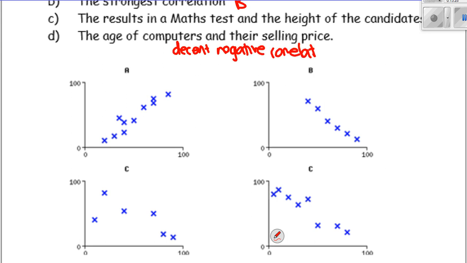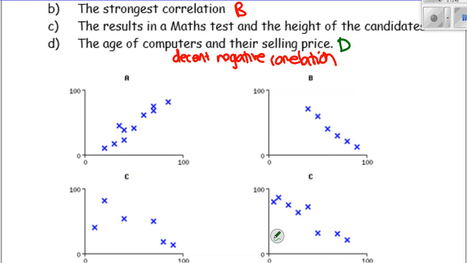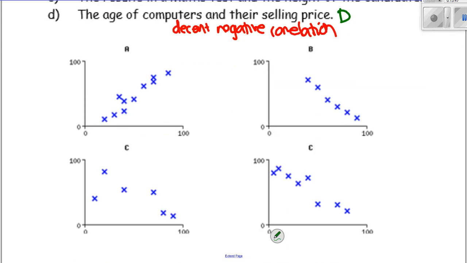So if we were to do process of elimination here, which one's got the more decent negative correlation? I would say D. So the results in a math test and the height of the candidates: the results in a math test going higher, the height of the candidates becoming lower. That's pretty weird. But let's go with C anyway.